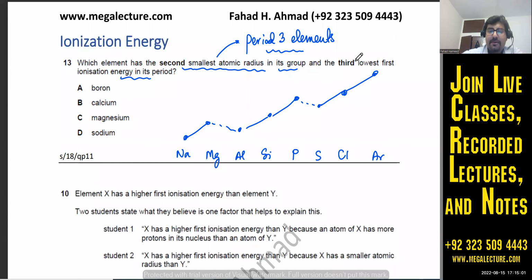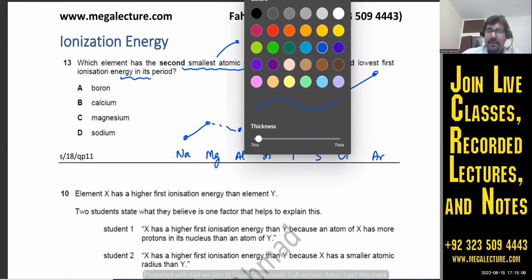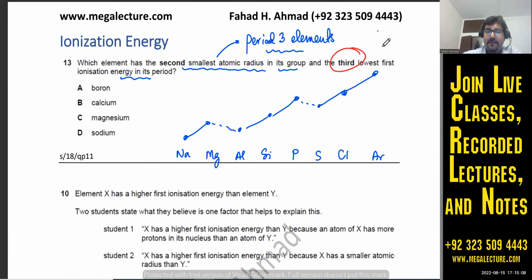Now he's talking about the third lowest first ionization energy in its period. So who's got the third lowest in the period? This is the lowest, the first lowest.